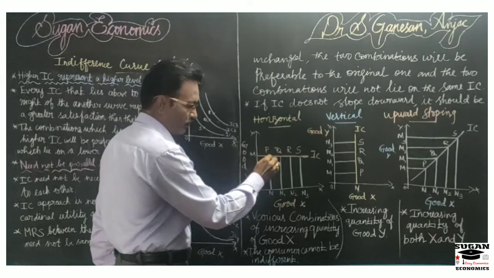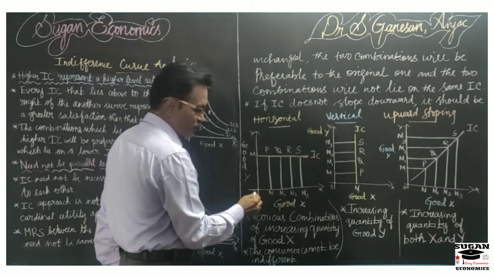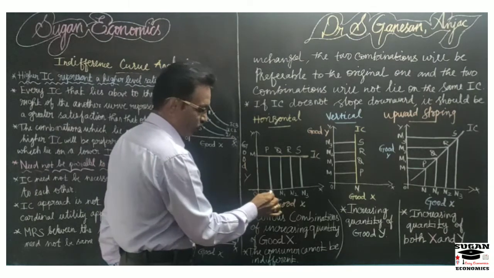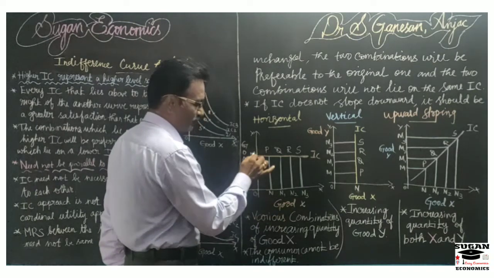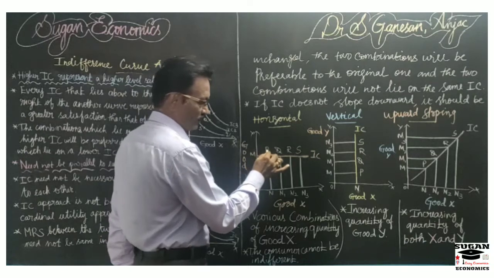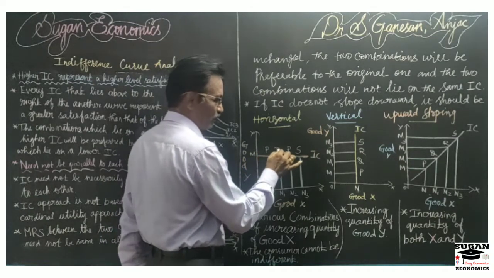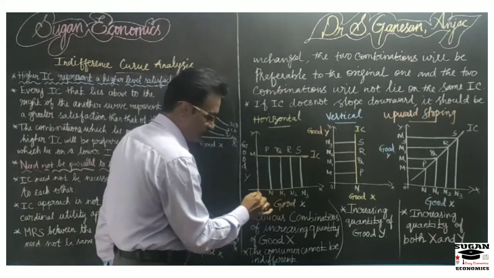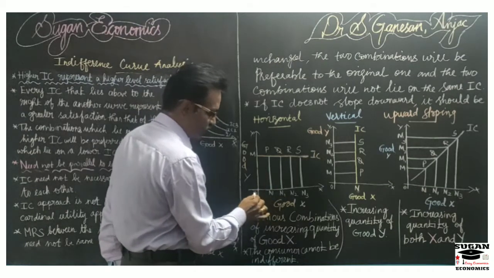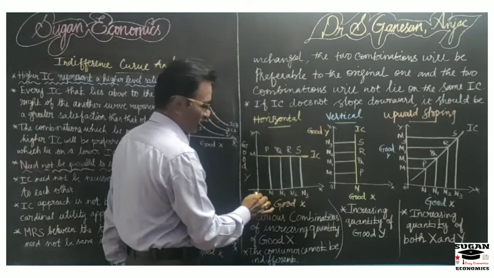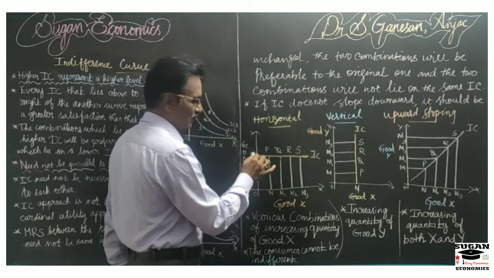Here you take into account point P. Here the consumer is having the combination of ON amount of good x and OM amount of good y. Suppose the consumer moves from point P to Q, he has increased his x commodity from ON to ON1, keeping the y commodity as OM.